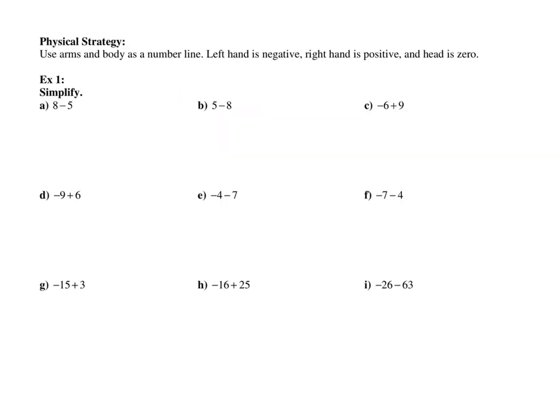Now let's pump some of these answers out here. So there's the physical strategy where you can stand up, use your arms and body as a number line. Your left arm can be the negative territory, and the right hand can represent the positive territory, and your head could be 0. Right, so if you want to stand up and do that, feel free to. All right, example 1. Simplify 8 minus 5.